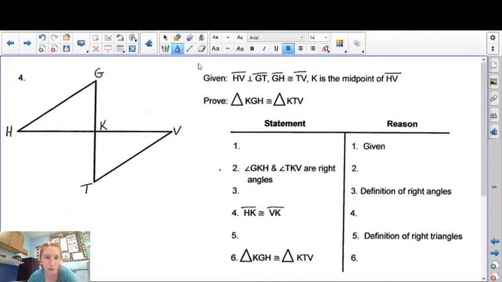This is going to be another tricky one to type. I'm going to have to go even smaller. Remember, perpendicular. So HV perpendicular to GT.